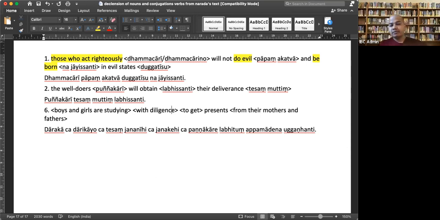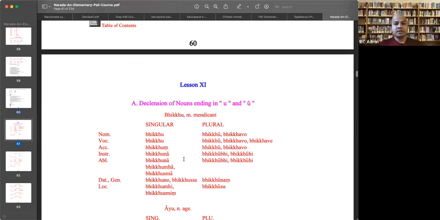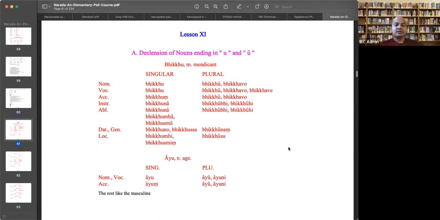Okay, let us now look at the following lesson. Lesson 11. From lesson 10, if you want to translate a few more sentences, you can try to translate by yourself. This should be a daily practice actually.